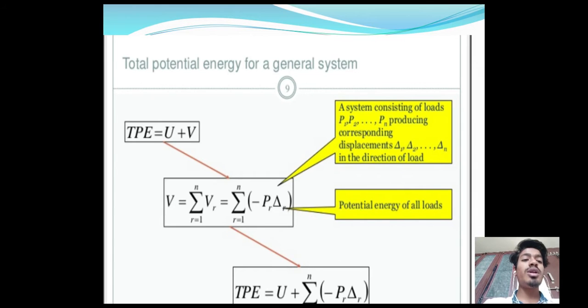Consider a system consisting of loads P1, P2 and Pn producing corresponding displacements delta 1, delta 2, delta n in the direction of the loads. Finally, by solving all this we get total potential energy equals U plus the summation over r from 1 to n of minus P_r delta_r.